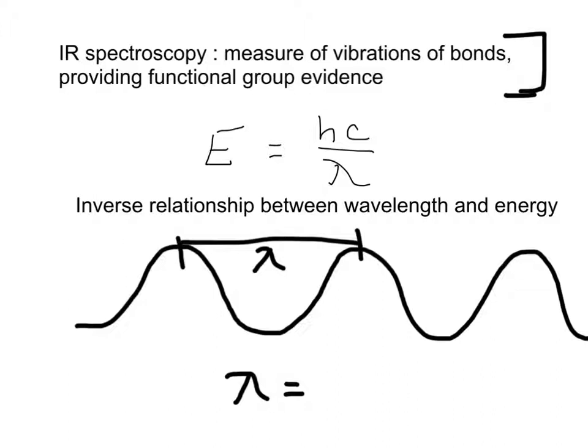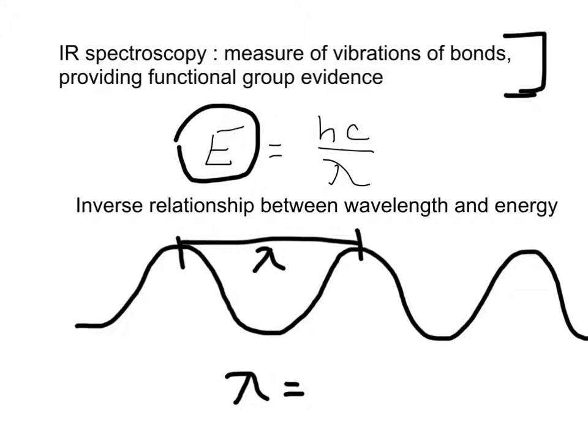Now, to understand at a fundamental level what's going on, we have to understand that energy is often associated with the equation where we can relate energy to Planck's constant times the speed of light divided by the wavelength of that light.